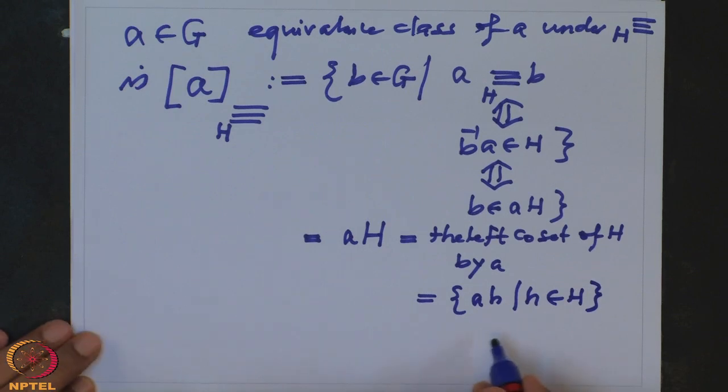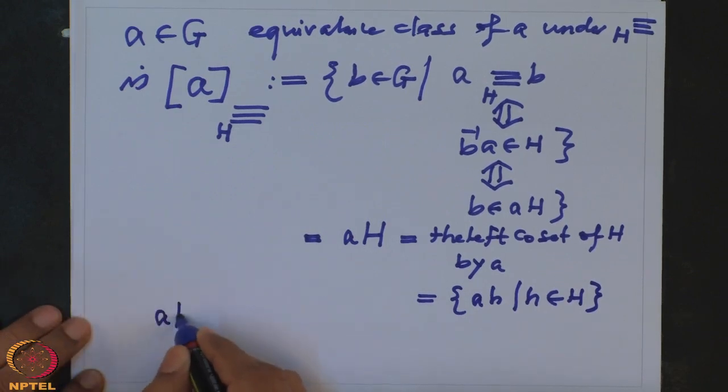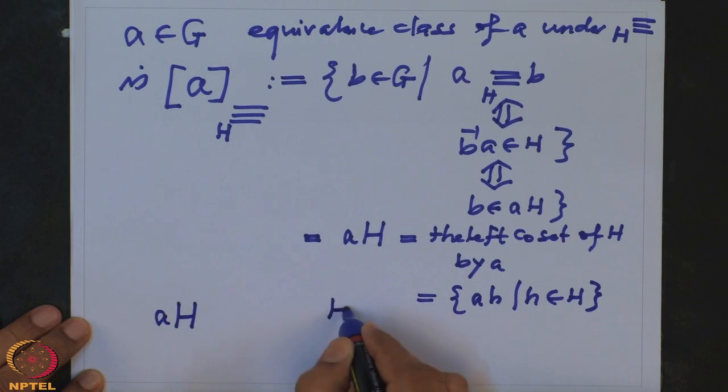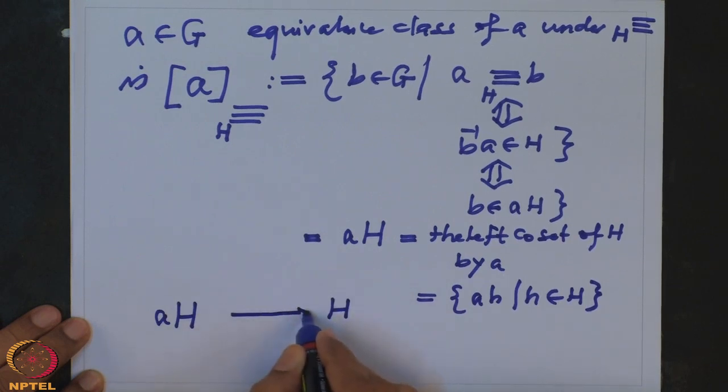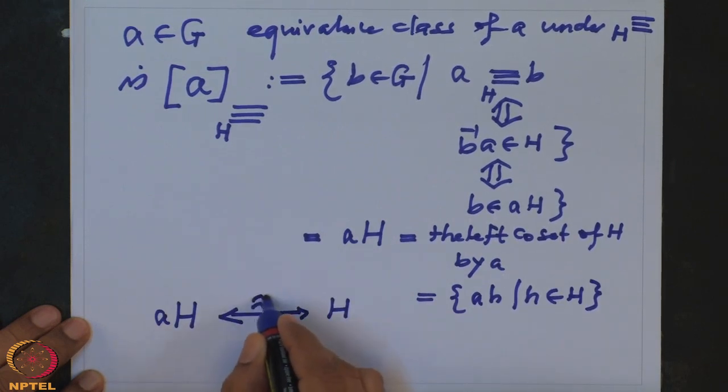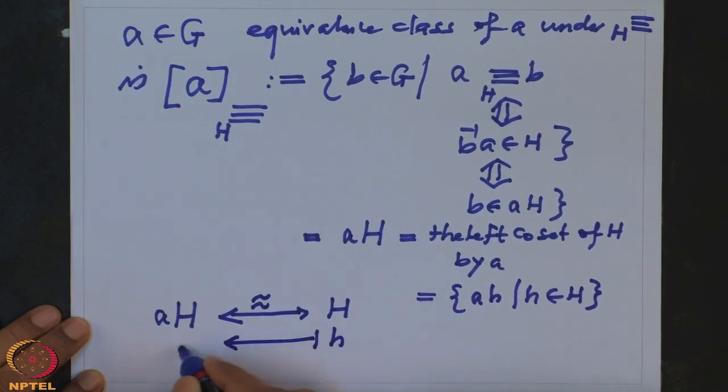So, note that the left coset AH and the subgroup H are in bijective correspondence with each other, and the bijection is simply given by h going to A times h. This is clearly bijective because the inverse is given by A inverse.